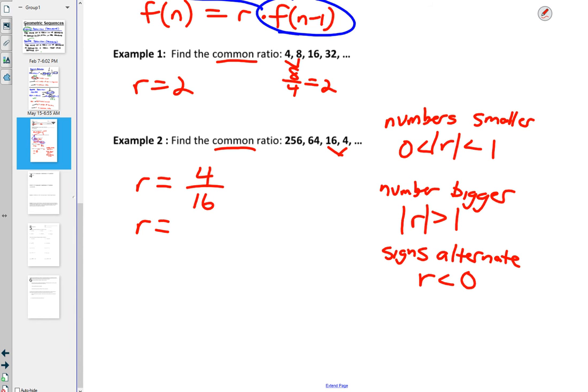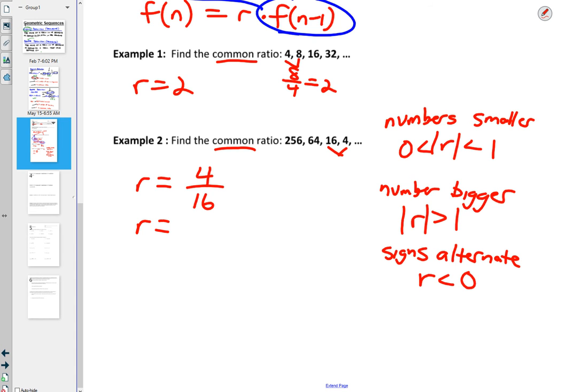I know why, it'll come to me. They have another word other than growth and decay, but it's not really used for sequences. It's used for something else called series. It's like when you have to add the numbers. It's slightly different, but I was going to put the words in also. I just forgot to write it down. You don't need to know it, but if I think of it, I'll write it down.